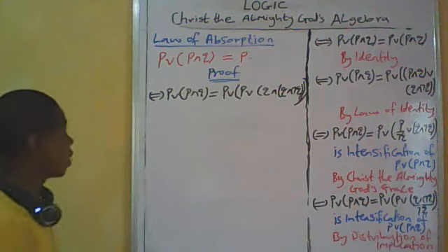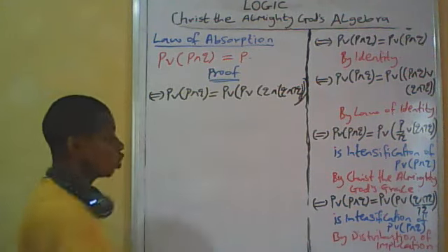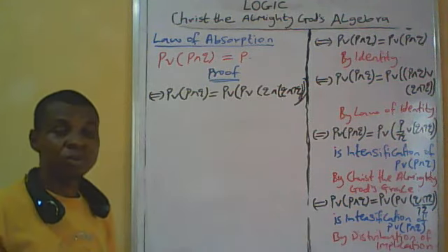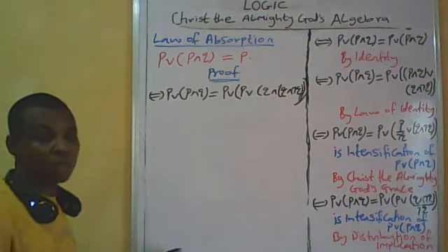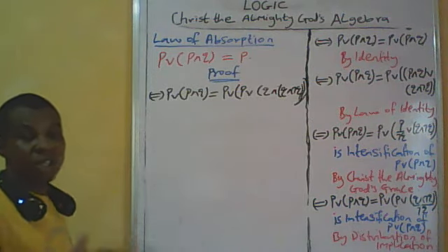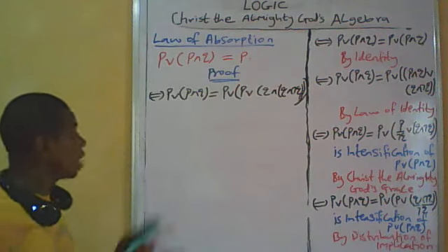You see that it's now equivalent to the left hand side equation. It's not more grace now, because both sides of the equation are now equal. No one is greater than the other, or more specific than the other. They are now logically equivalent.